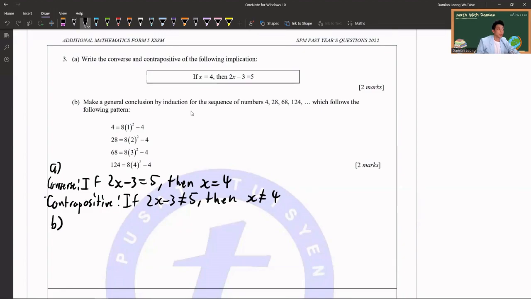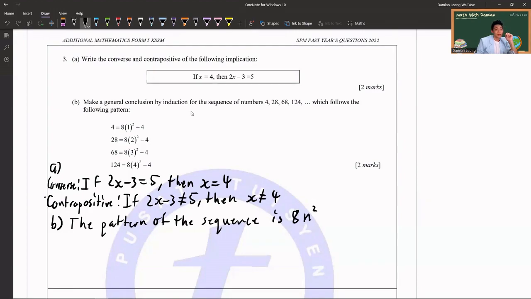Part B, I want to make a general conclusion by induction for the sequence of numbers here, which follows this pattern. So this pattern of the sequence is 8. The number that changes, I put as n.